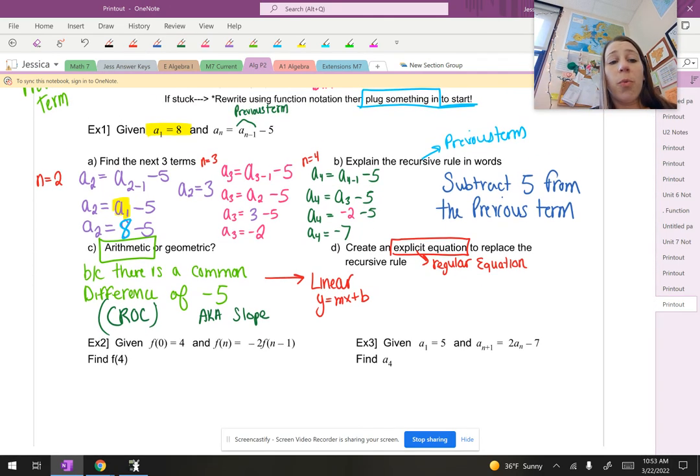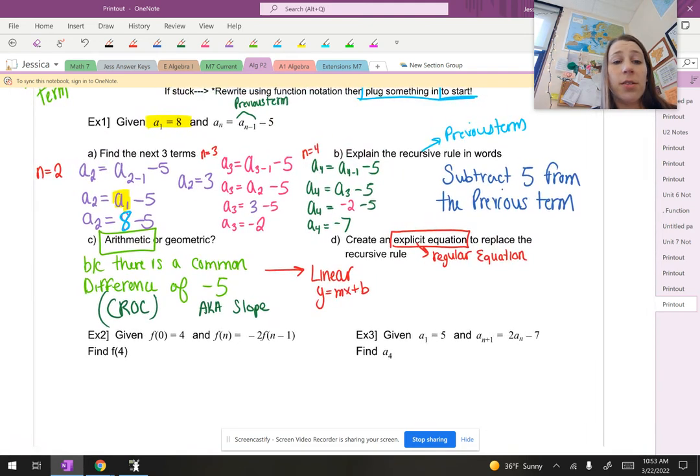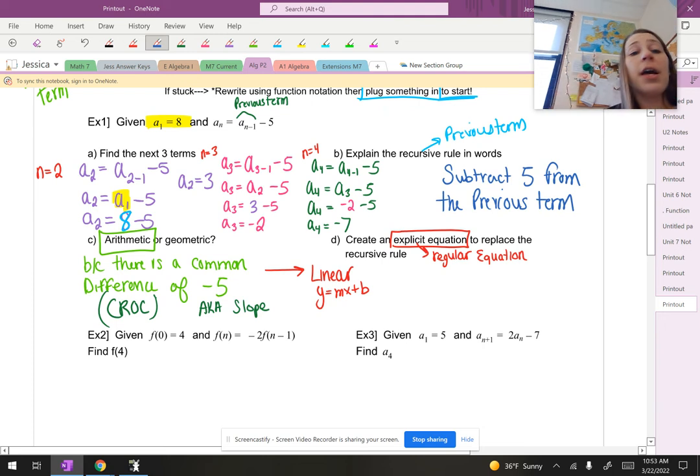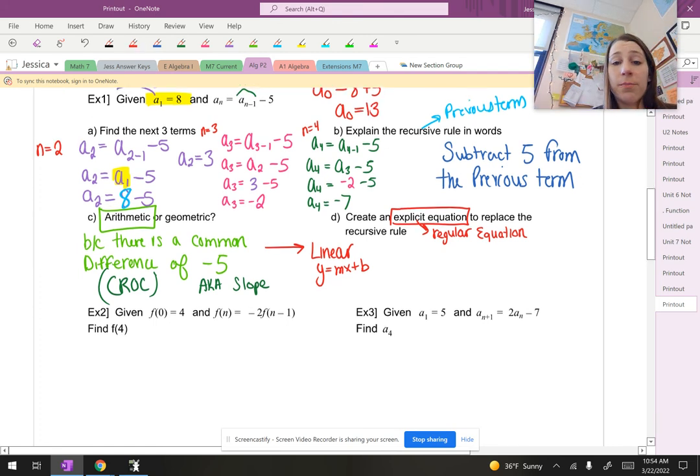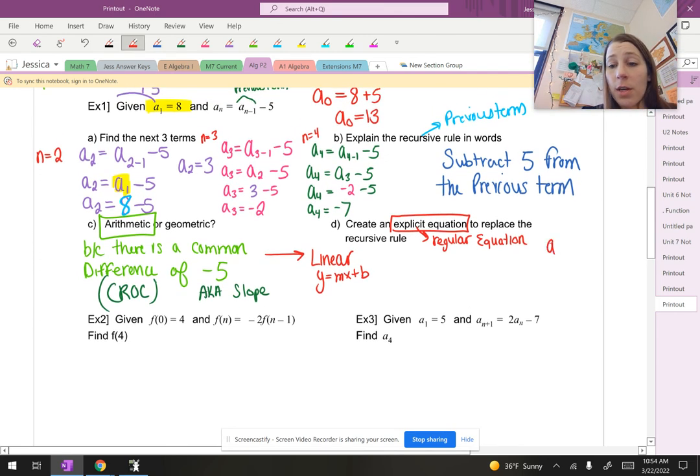Well, if a sub 1 was 8, and I knew that I was minusing 5 to get to the next term, if I want to go backwards from minusing 5, that would be adding 5 to get to a sub 0. Let's go red. So a sub 0 is going to be equal to 8 plus 5, giving me an a sub 0 of 13. A sub 0 equals 13.